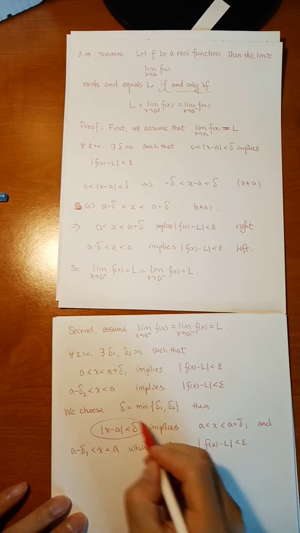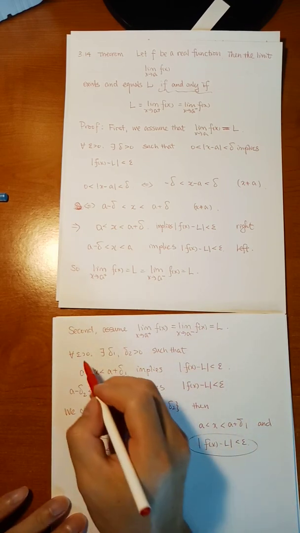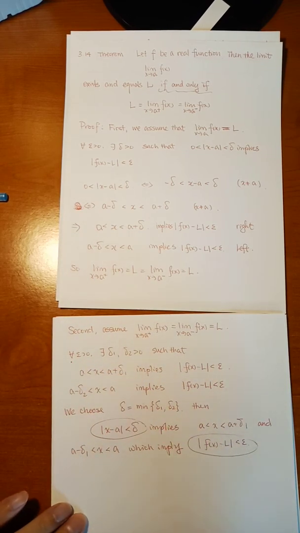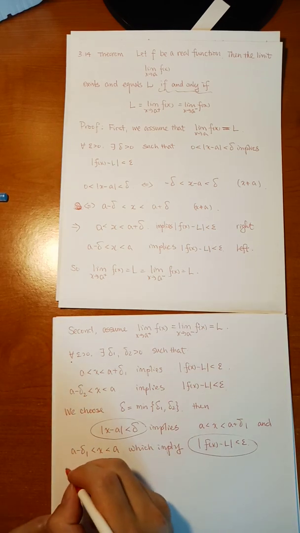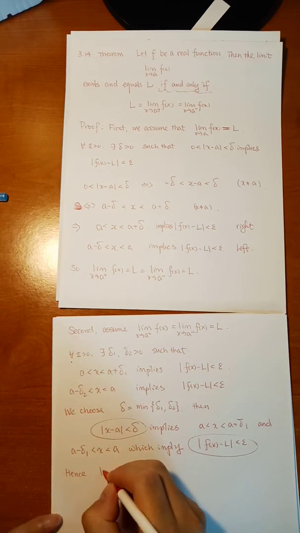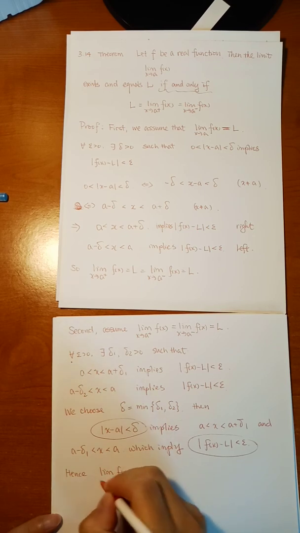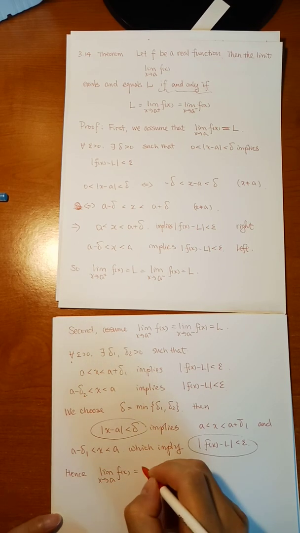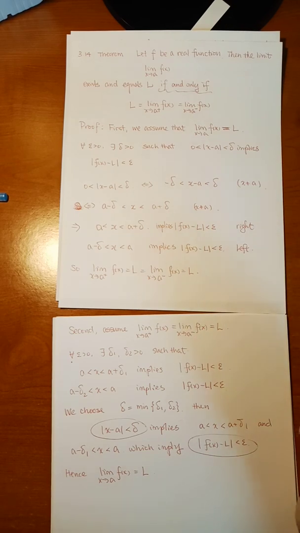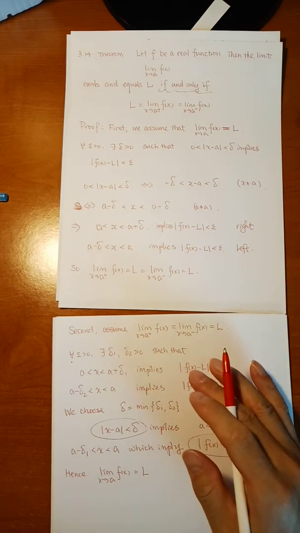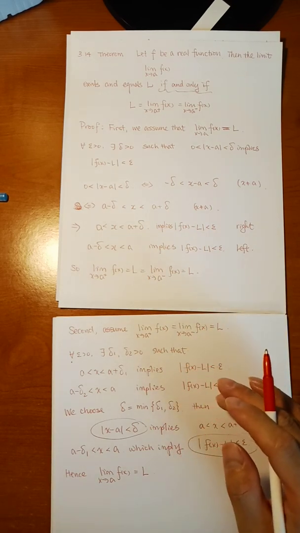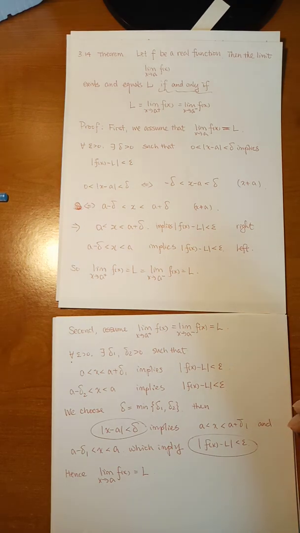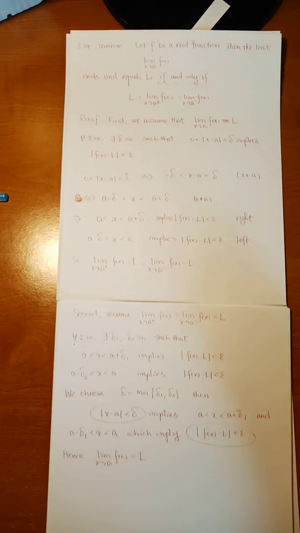So from here, for every epsilon, you find the delta. Hence, the limit of f(x) as x approaches a is equal to L also. You just choose the minimum among those two deltas, and that's enough.